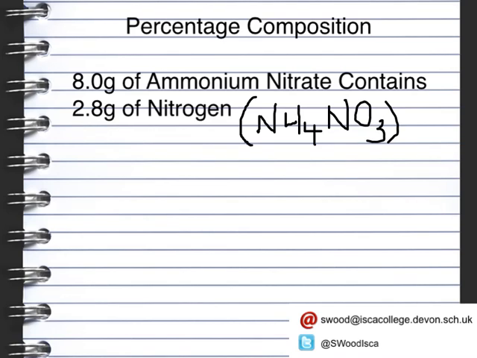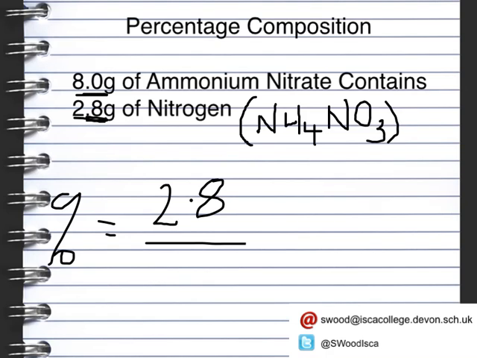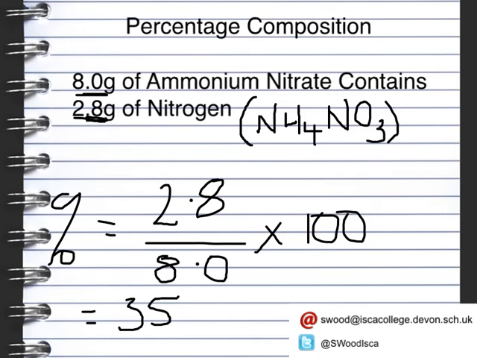Okay, so to work out the percentage composition, we've got the mass of the element, which is 2.8. The mass of the compound is 8.0. We multiply that by 100 and we end up with 35%.